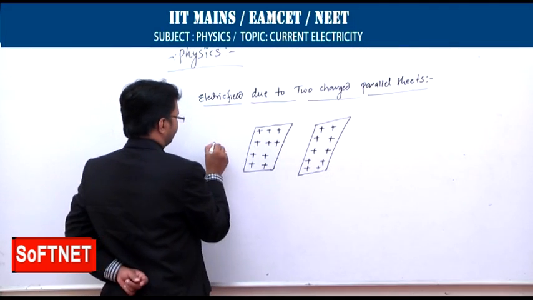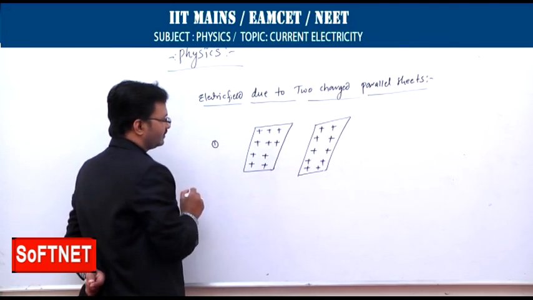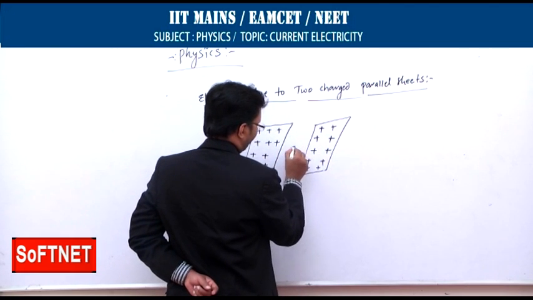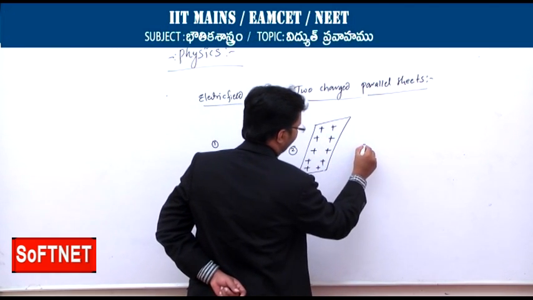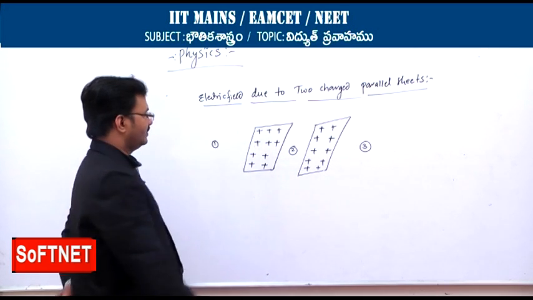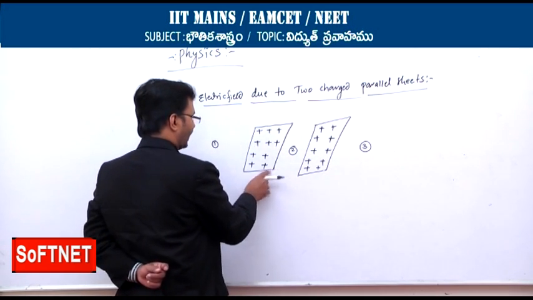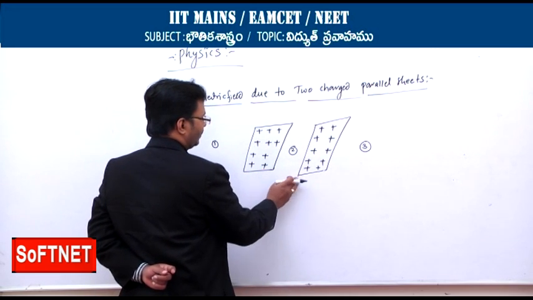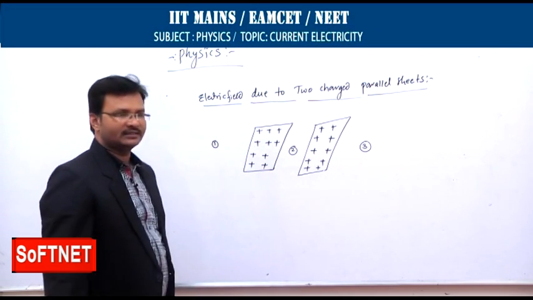Now at these points we need to find the electric field. These two are the parallel charged sheets. What is the electric field that exists?